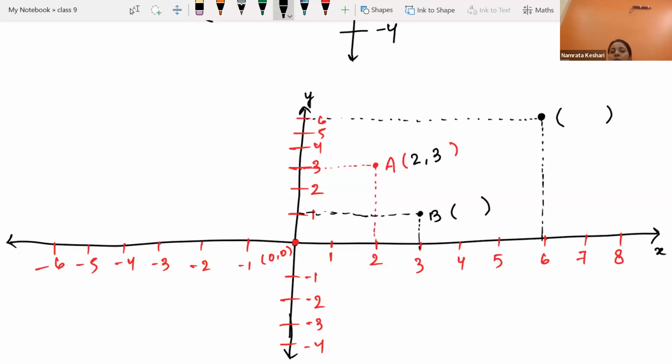Yes, 3 comma 1. When we drop a perpendicular on the x-axis, it touches 3. When we drop a perpendicular on the y-axis, it touches 1. So 3 comma 1. First x, then y. Always in this format you have to write.